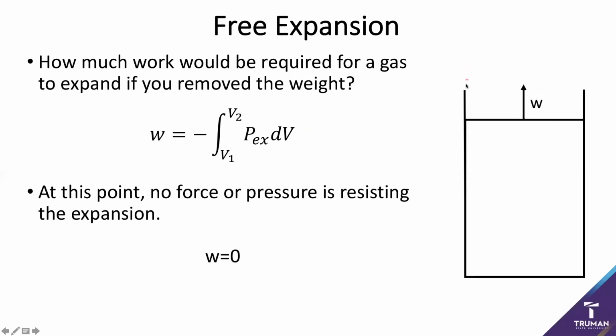If I have no opposing force or pressure resisting this expansion, my external pressure is zero, which means I'm taking the integral of zero. Well, that gives me a work of zero. So this ends up being called a free expansion. If my system is expanding against no external force, my system does no work.